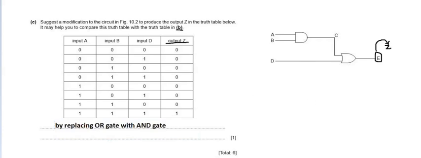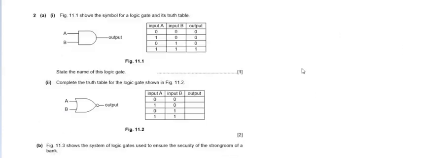Now we will see the next problem. Here is problem number 2. You can see figure 11.1, which shows the symbol for a logic gate and its truth table. We have to name this logic gate. We have already seen this is the AND gate in the previous problem as well.